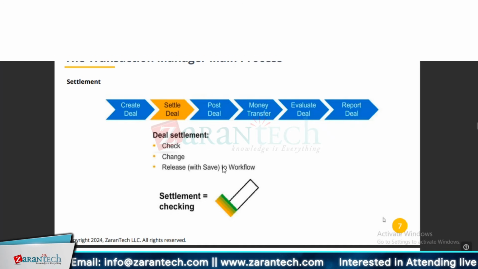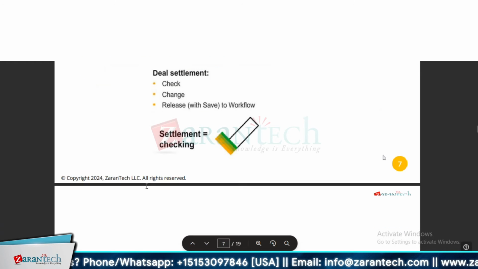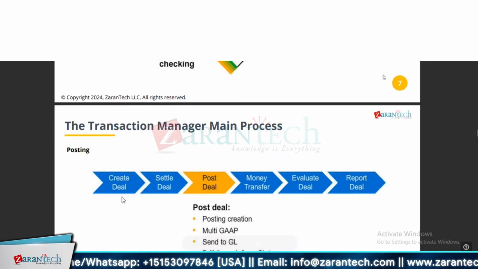If you are the person who is creating a deal and you want your deal to be validated or verified, the workflow would be triggered to the other person who is settling the deal, and he would be provided with the respective authorization to either settle the deal or reject it at that point. So this is the point where you can use the maker and checker concept. This is how settle deal works.